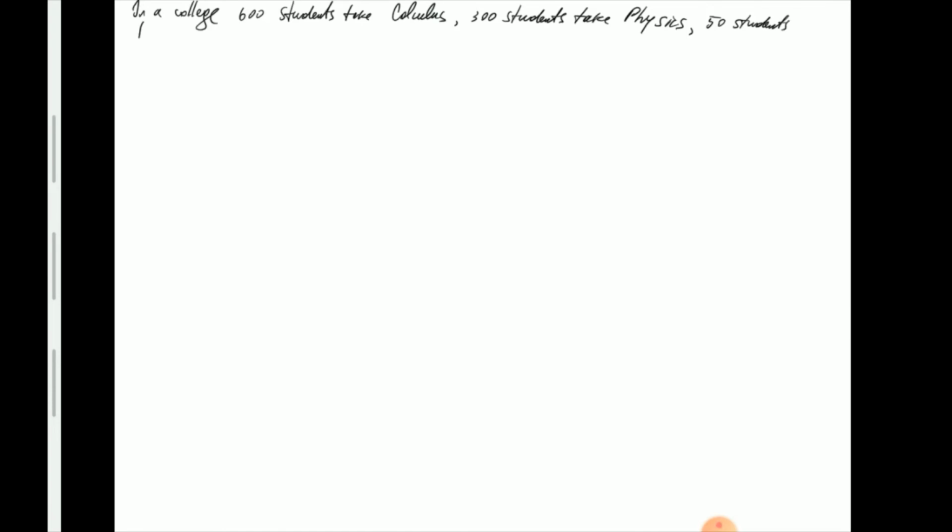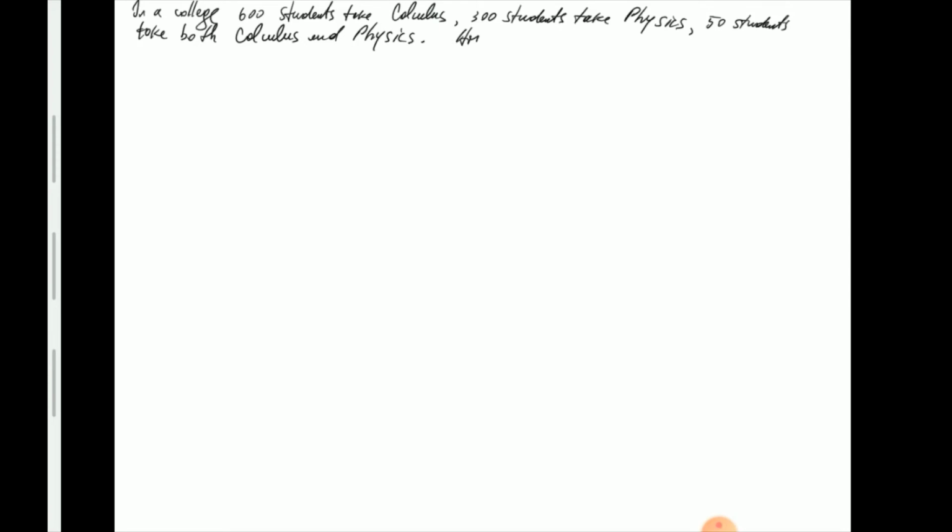All right, so here's an example which is very similar to the previous one. Suppose, for instance, in a college, 600 students take calculus, 300 students take physics, and then 50 students take both calculus and physics.